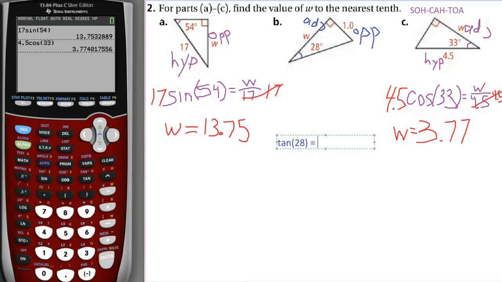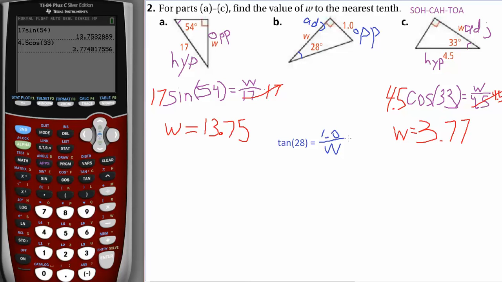Equals, and this is where things get a little bit tricky. It's 1.0 over W. We don't like the W in the denominator.